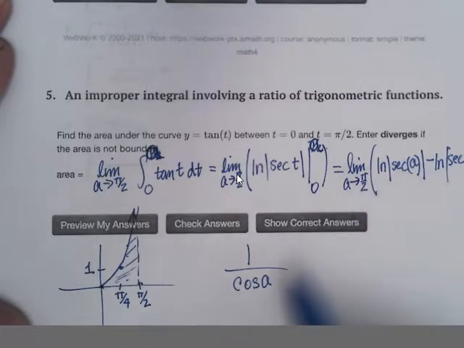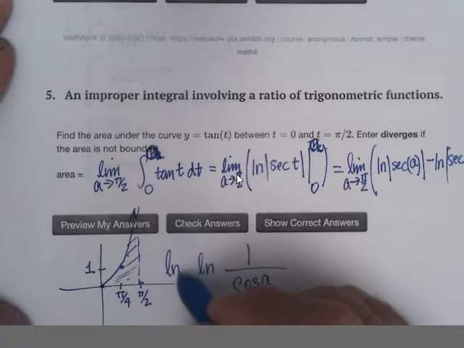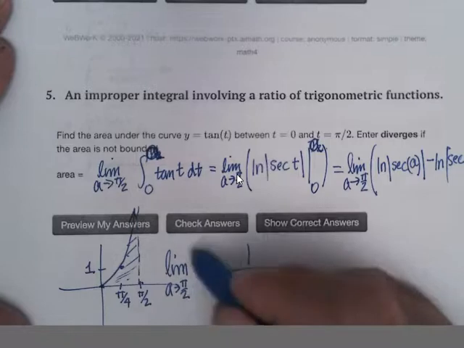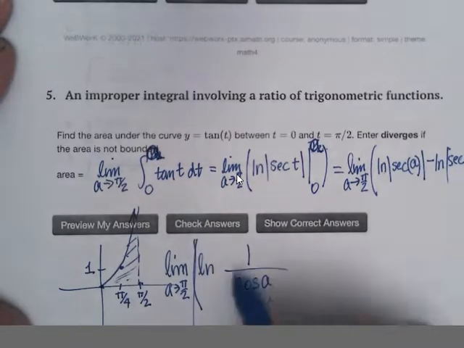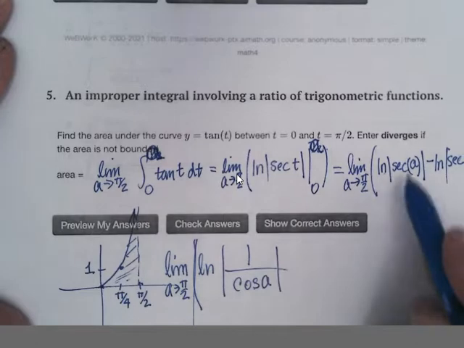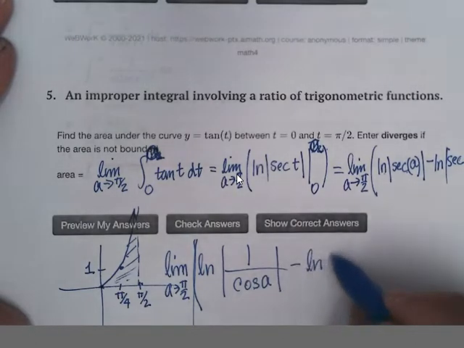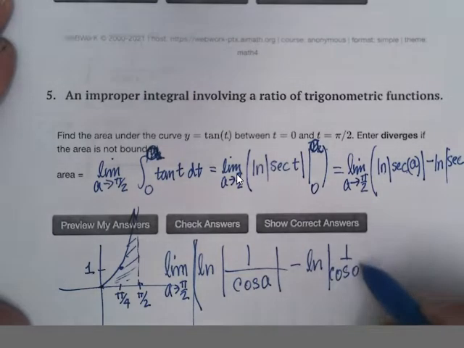So this is going to be ln, we still have to take the limit, as a approaches pi over 2, of ln of 1 over cosine of a minus ln 1 over cosine of 0.